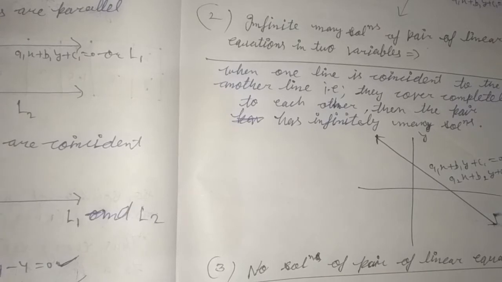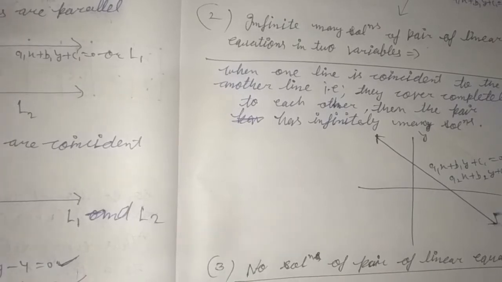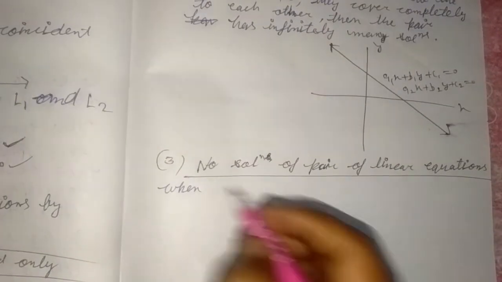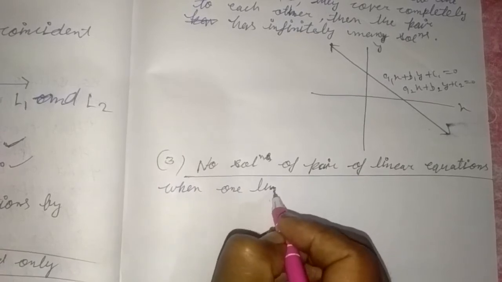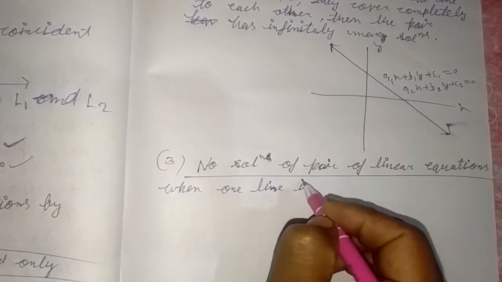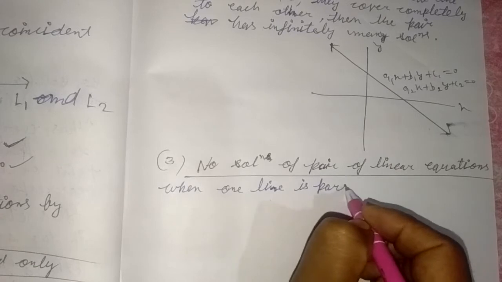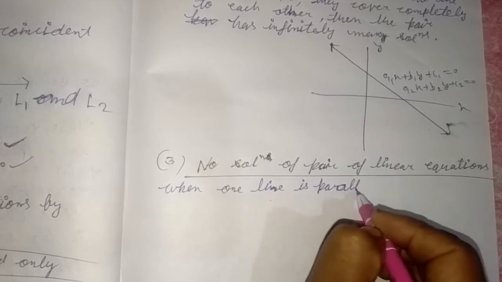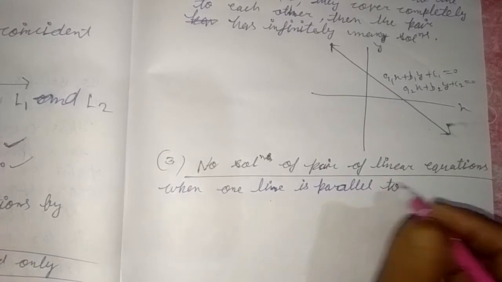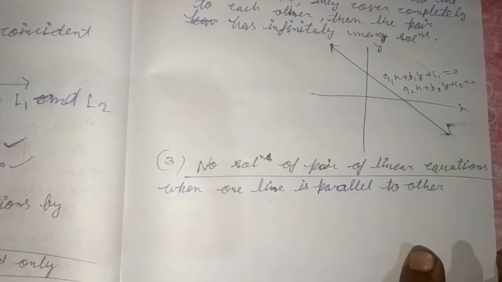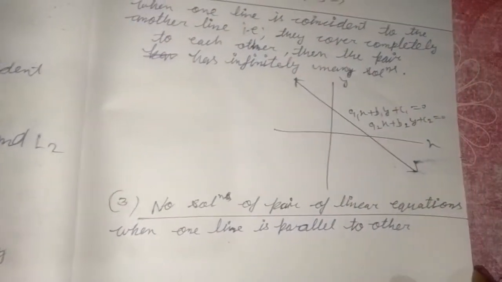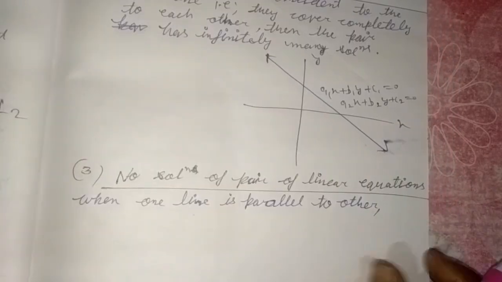So in this we will write: when one line is parallel to the other, then the pair has no solution.